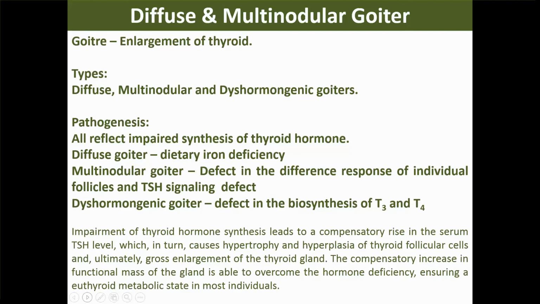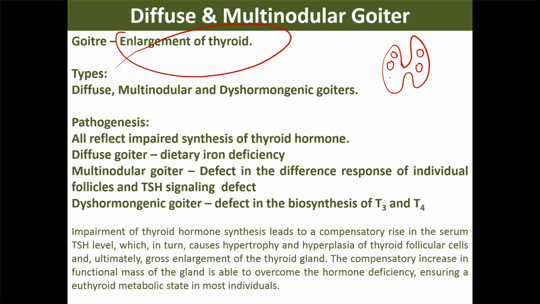So now coming to the diffuse and multinodular goiter, and goiter generally means enlargement of the thyroid gland. For example, if the person has different follicles in the thyroid gland, it is not iron actually, it is iodine.